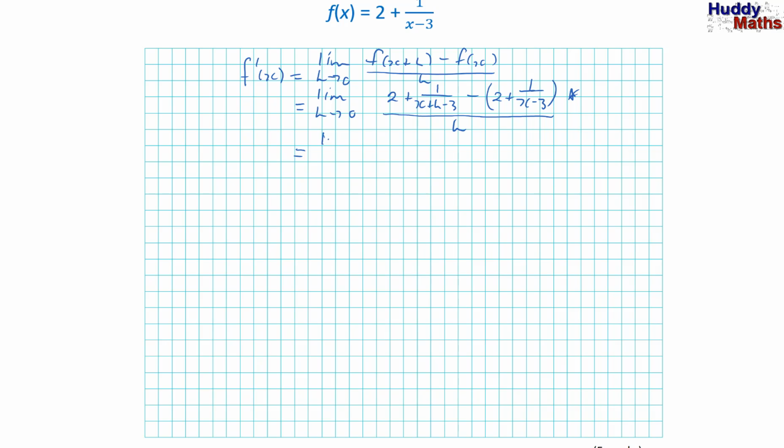So let's have a look now. Limit as h tends to 0 of 2 plus 1 over x plus h take 3, take 2, take 1 over x take 3 all over h.